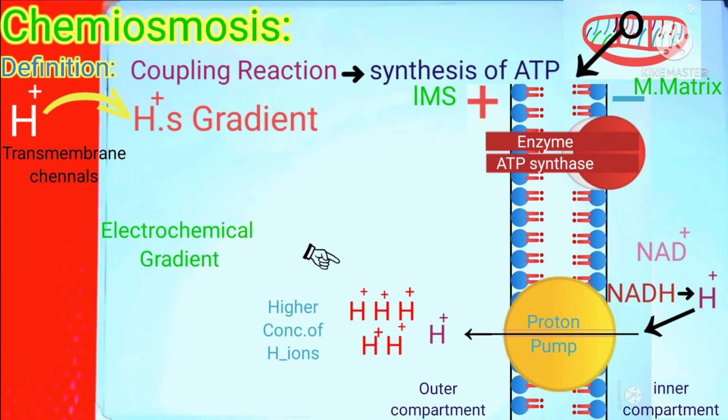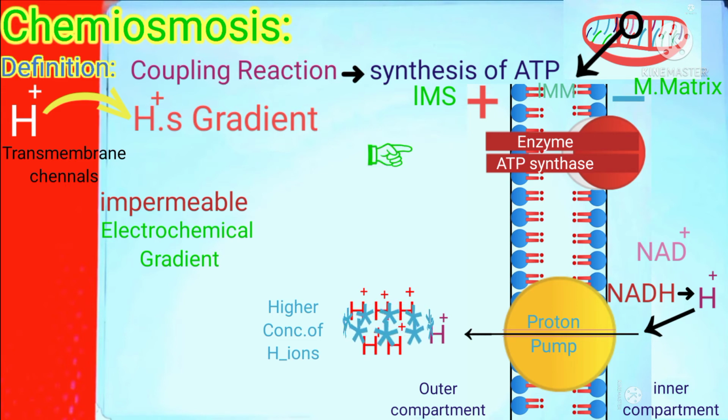These hydrogen ions cannot cross the gradient because the inner mitochondrial membrane is impermeable to hydrogen ions. So here we need a specific transporter, a specific vehicle, that is called the enzyme ATP synthase.